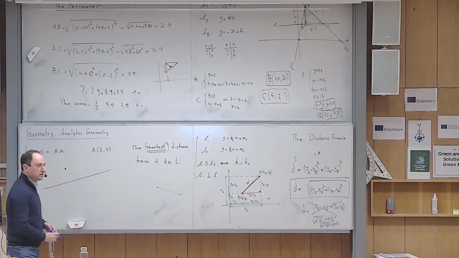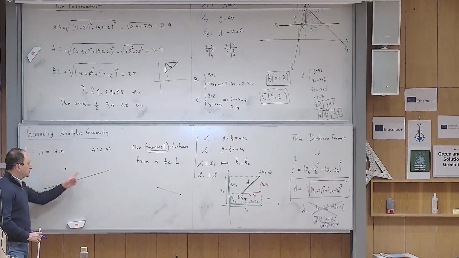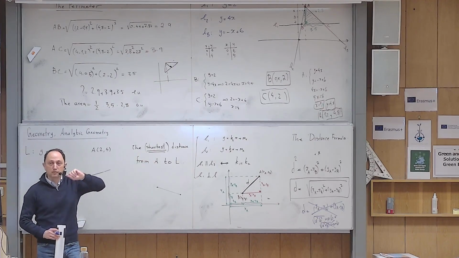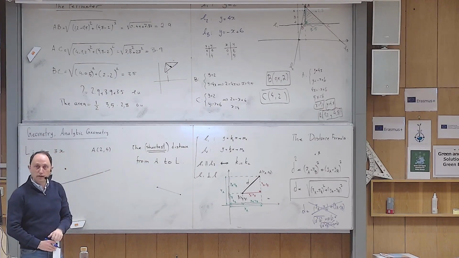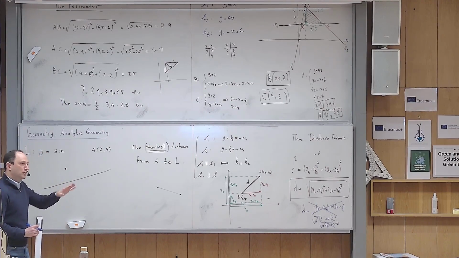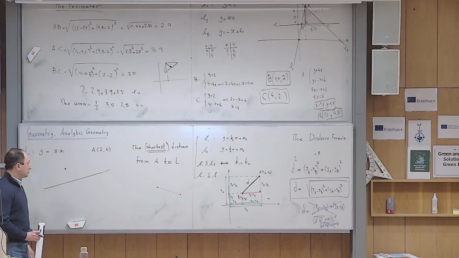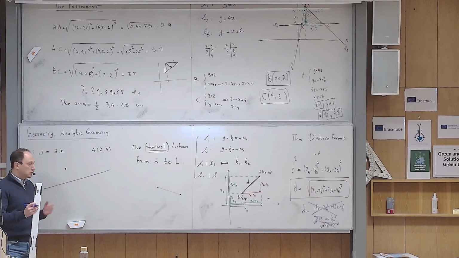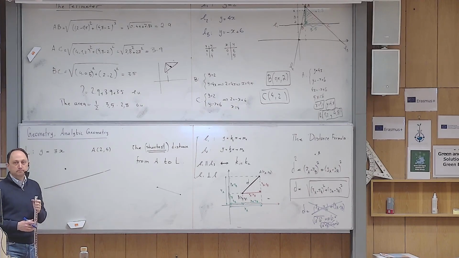What is the shortest distance? I don't say the shortest in the exam. But when I say find the distance from a point to a line, I always mean the shortest distance. But I just want to rely on your intuition without mathematical proofs. If you want to find the shortest distance with the ruler, where should I do that? Yes?